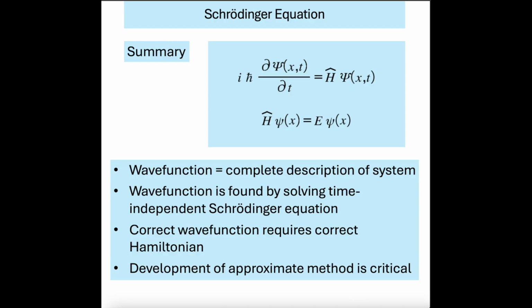The wave function is found by solving this time-independent Schrödinger equation. The correct wave function requires the correct Hamiltonian. It's not easy to develop both of those, a non-trivial exercise. Therefore, the development of approximate methods will be critical in our further investigations of quantum chemistry.